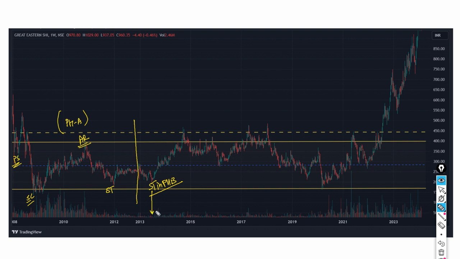This is the indication of a successful test, and as the test is successful, see how we get a nice rally into the upper part of the trading range, which is our resistance line. We also break it, but we do not sustain it.